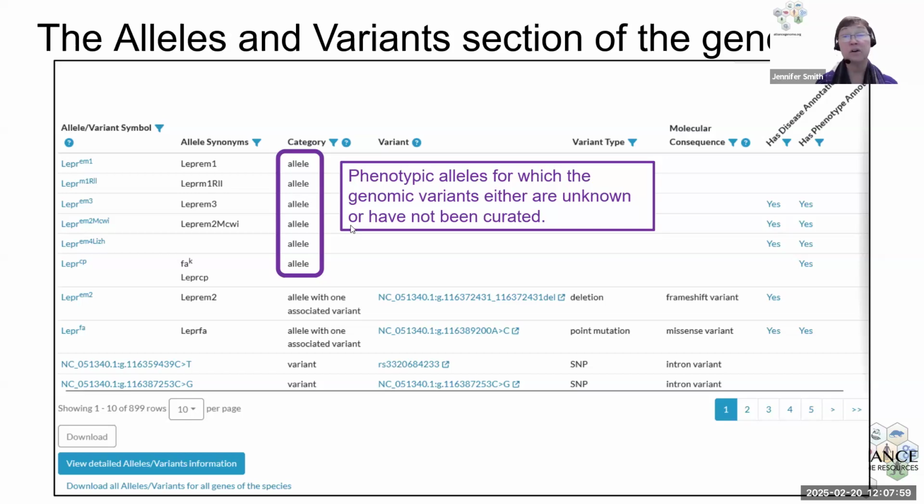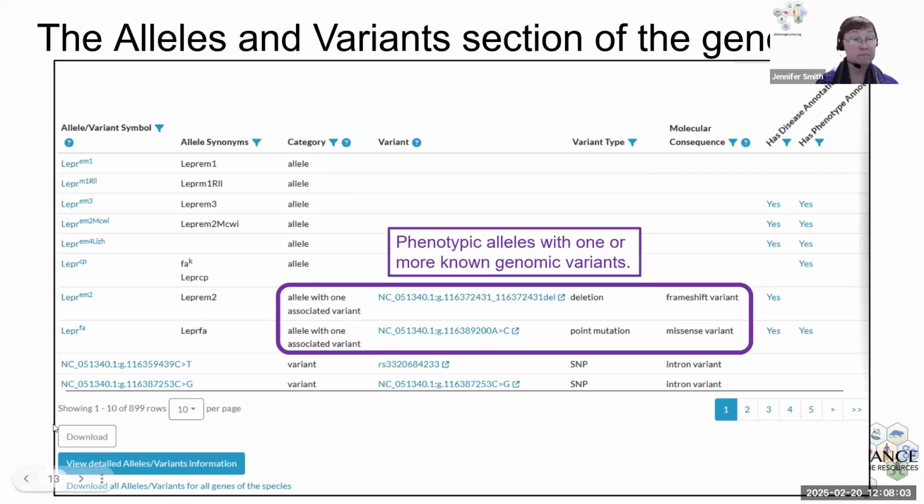So you'll notice that there is nothing in the information for variants in that row. So the second category that is shown is phenotypic alleles with one or more known genomic variants. In this case, for the rat LEPR, we have two alleles that have one associated variant each.